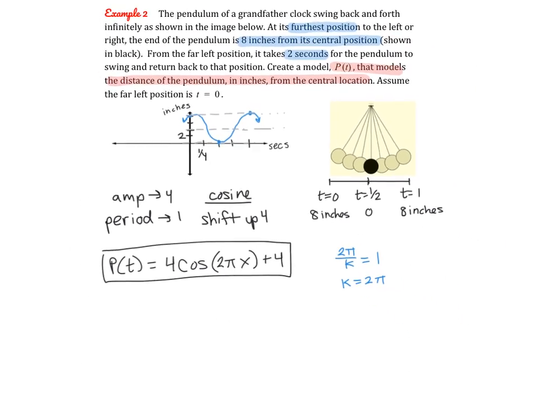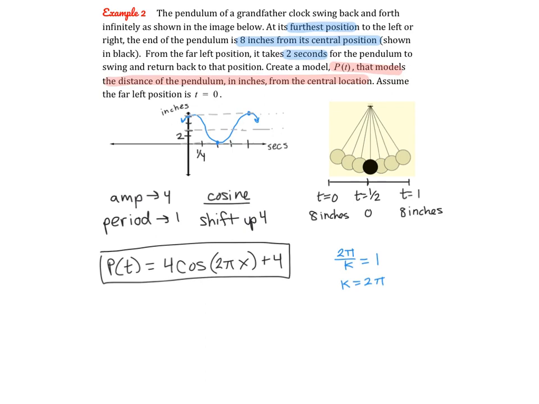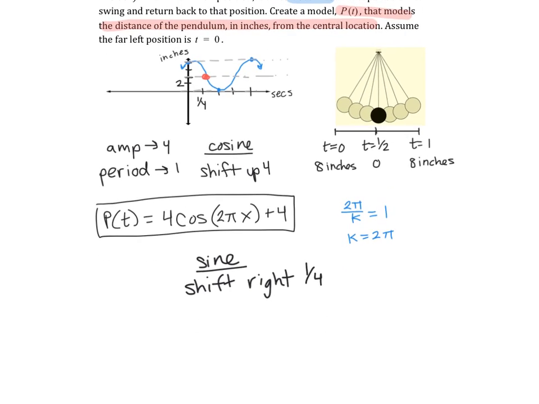And just for practice, let's say we chose to use sine. So if we choose to use sine as our function to model, our amplitude and the period are the same, and we are still going to shift it up 4, but you'll see that for sine, remember sine always starts at the midline, so we would have to shift it to the right 1/4 of a unit.